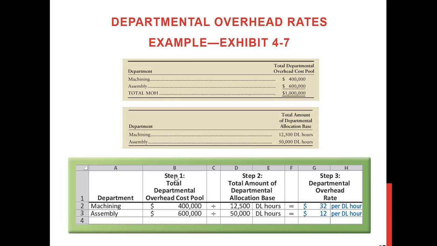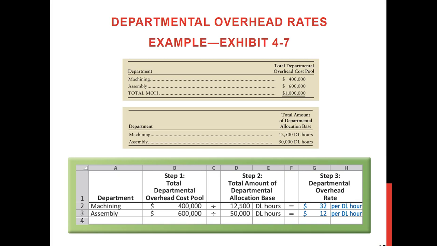So if we take this example, for the two different departments, these are their departmental overhead costs. For the machining department, the departmental overhead cost is 400,000. For the assembly department, it is 600,000. And as we know, all those costs should be driven by some cost driver or allocation base.